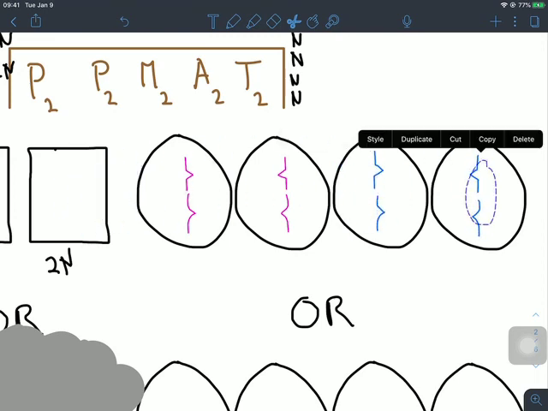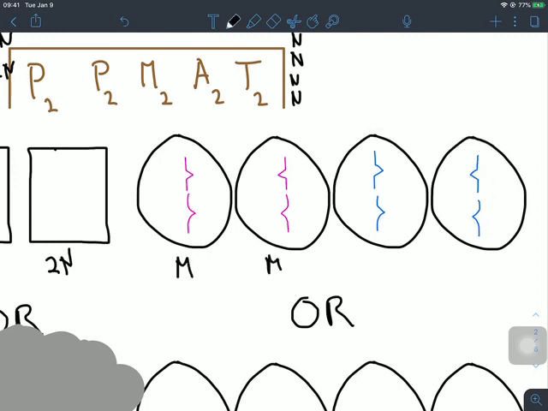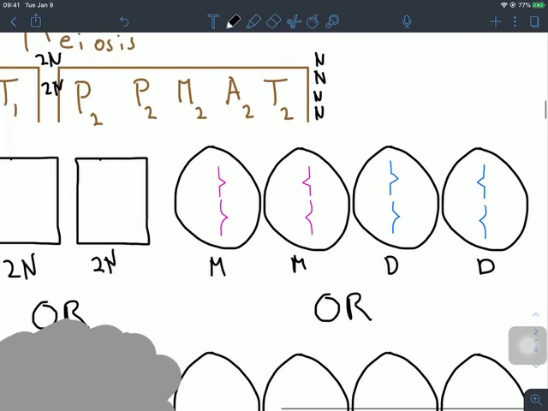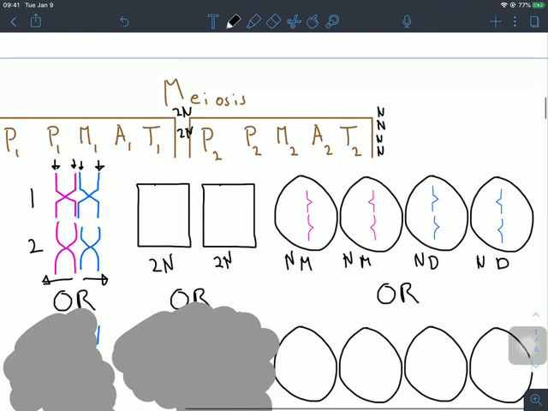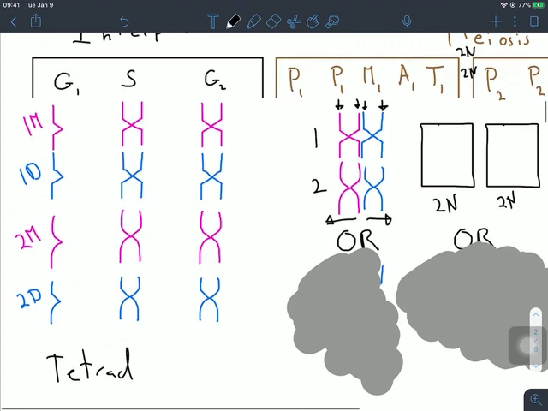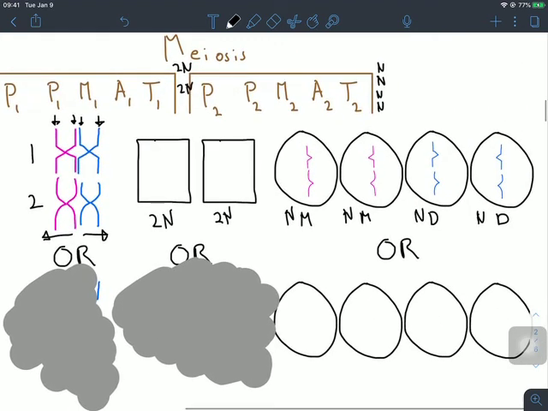And yes, directionality does matter, so the left stuff will end up on the left and the right stuff will end up on the right. But in this way, you're getting a series of all mom, all dad, all dad. And each of these cells are haploids. Instead of having the 2 sets of chromosomes that we started with, they each have 1.